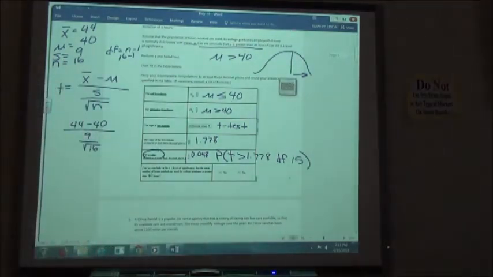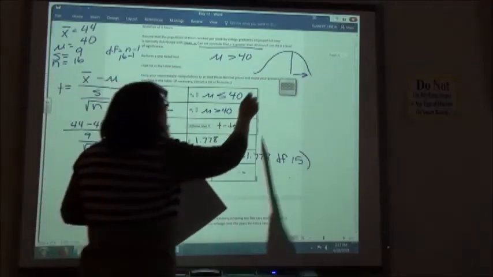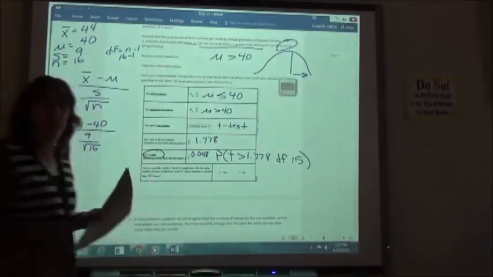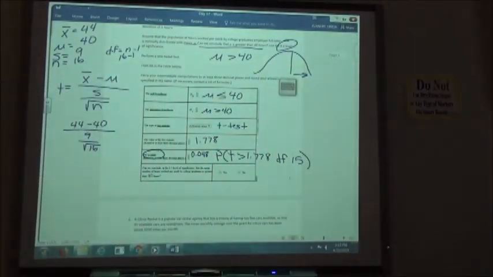The p-value is really a percentage. We were checking, is it at this level of percent or not, right? If the p-value is less than that number, we're going to reject the null. If the p-value is greater than that number, we're going to accept the null.